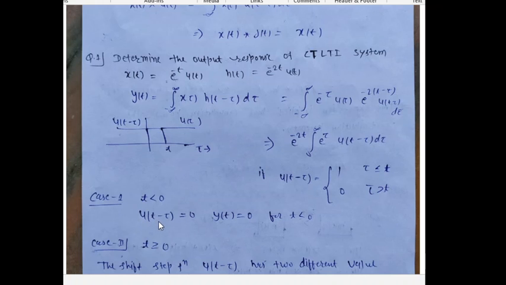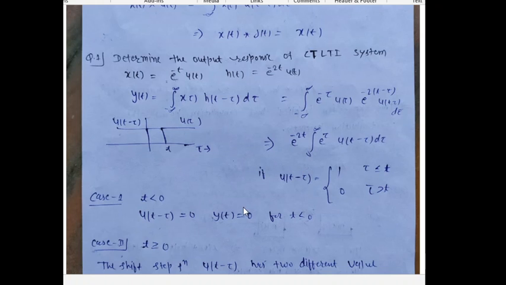So the first case, when t is less than 0. If t is less than 0, then tau is less than 0. So we will get 0 for t less than 0, because we already said that the integration will be 0 to infinity. We will not consider this condition, because here it is with u(tau), and we already said that the integration will be 0 to infinity.